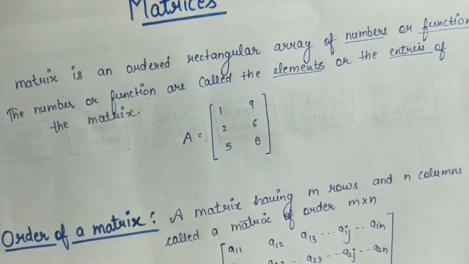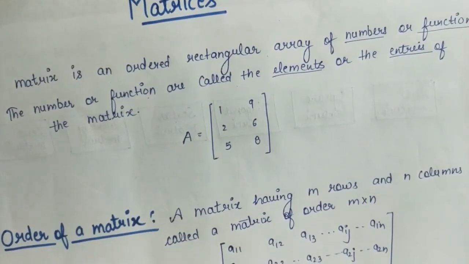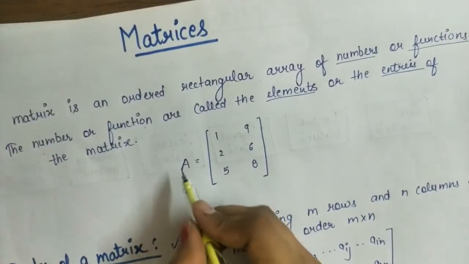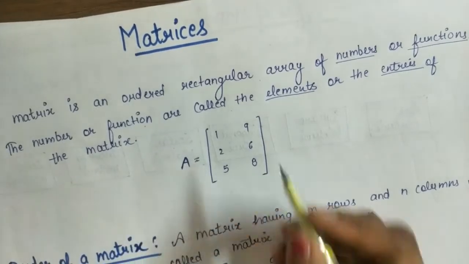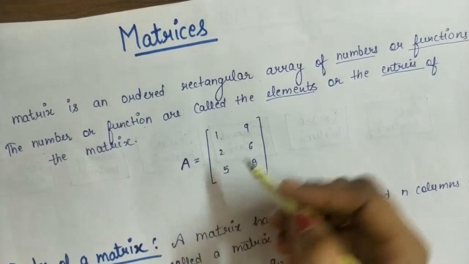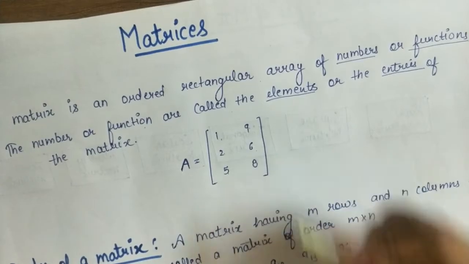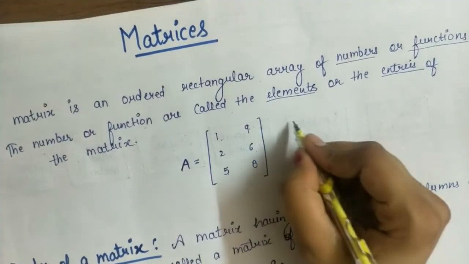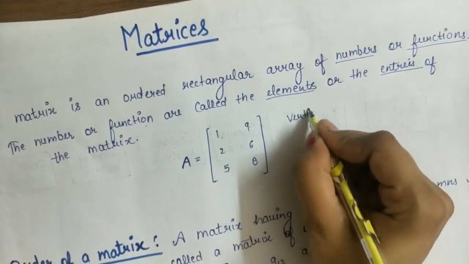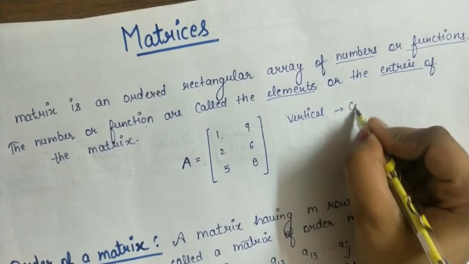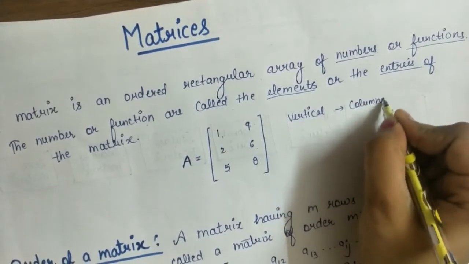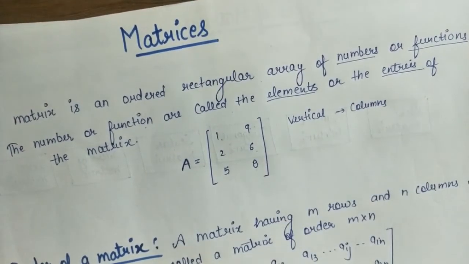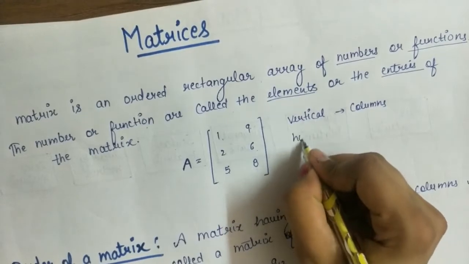And the matrix is represented by a capital letter. Here is the matrix A is equal to 1, 2, 5, 9, 6, 8. Now in this matrix, vertical lines of elements are said to be columns, and the horizontal lines of elements are said to be rows.